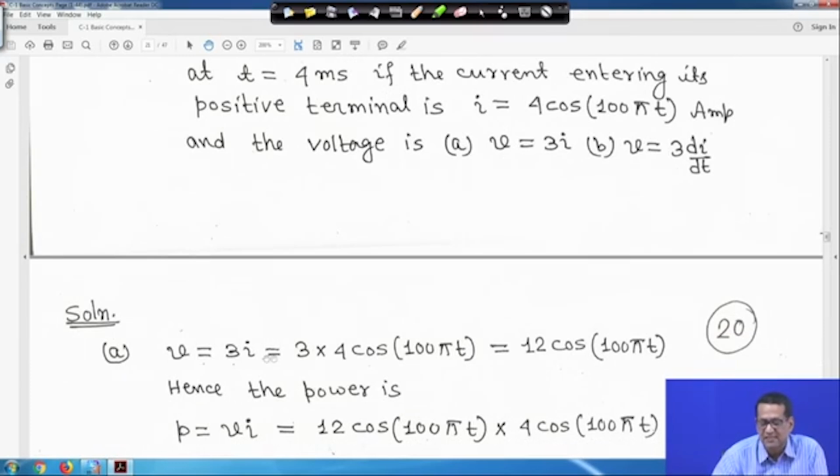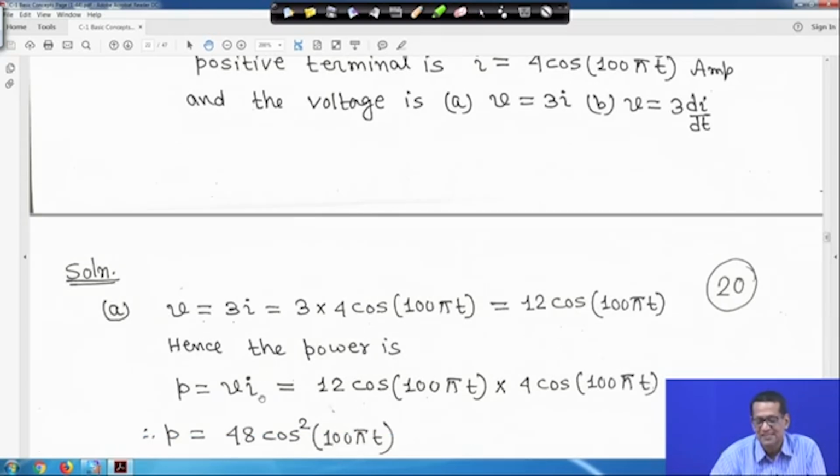V is equal to 3 I, so 3 into 4 cos 100 pi t, so 12 cos 100 pi t. Hence, the power is P is equal to V I.